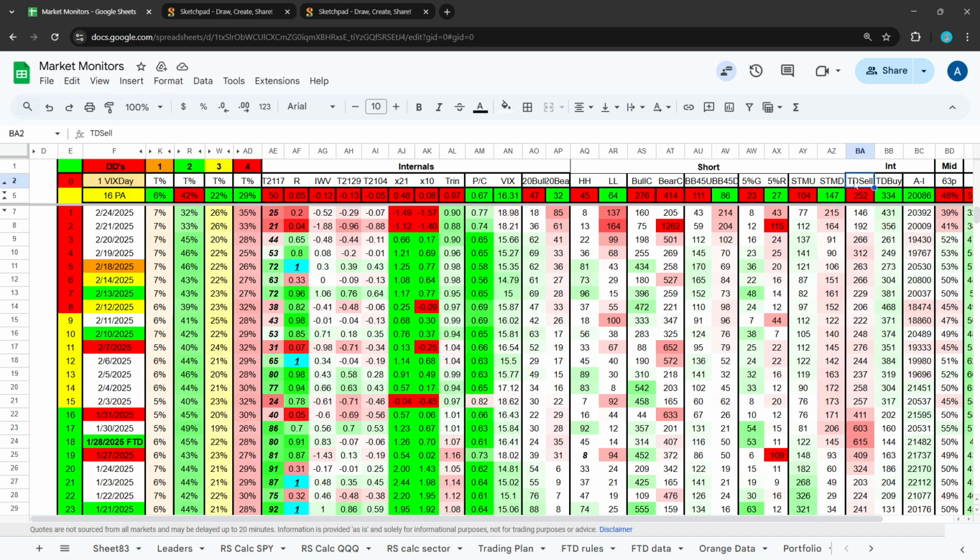And then TD sell. This is a complicated indicator, but essentially it takes today's close and compares it to the close of 4 days ago. And if today's close is above the close of 4 days ago, 9 days in a row, it will show up here.